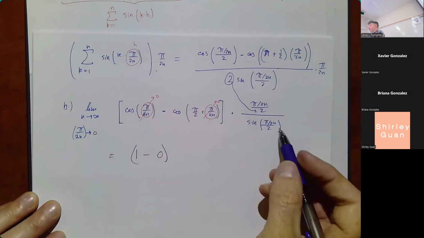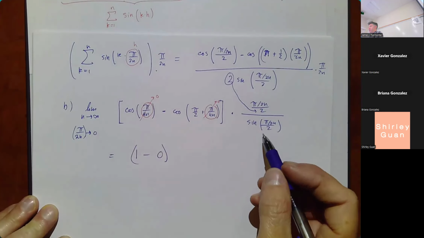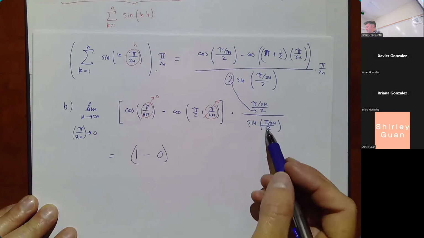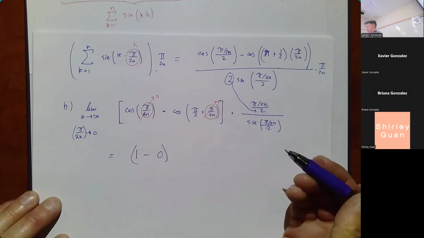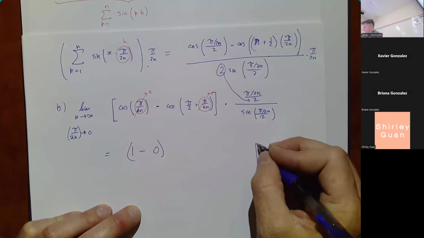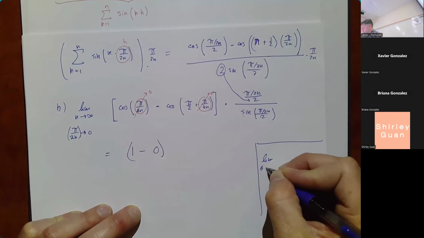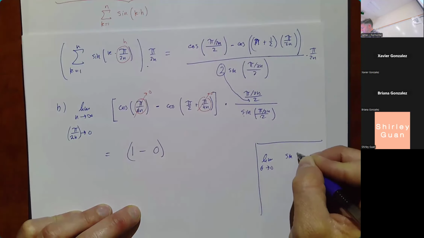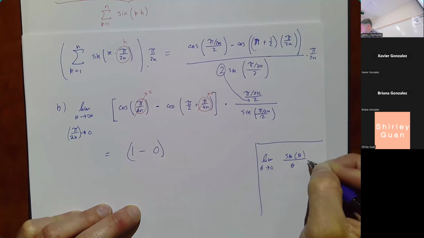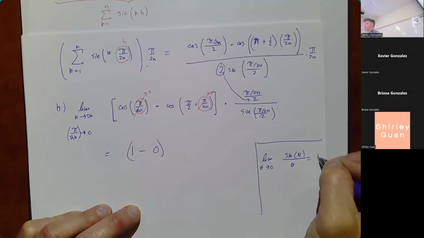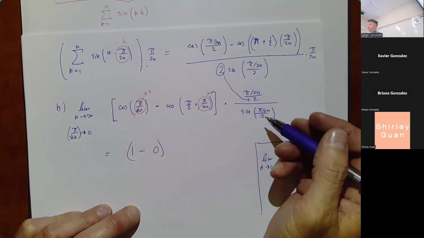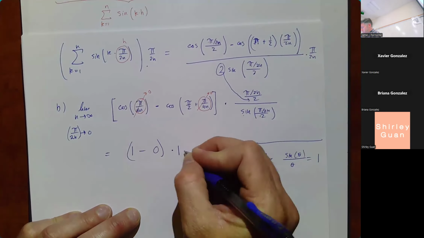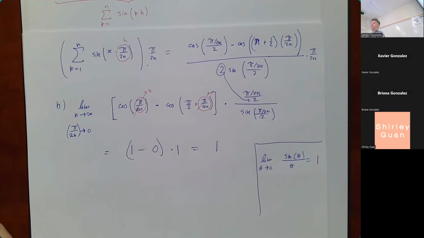And now over here, you have the reciprocal of sine of a thing over the same thing, and that thing is going to 0. I'll remind you that we learned in 21A that the limit as something goes to 0 of sine of that something over the same something is 1. That limit is the same thing just flipped over, and the reciprocal of 1 is still 1. So your answer is 1.